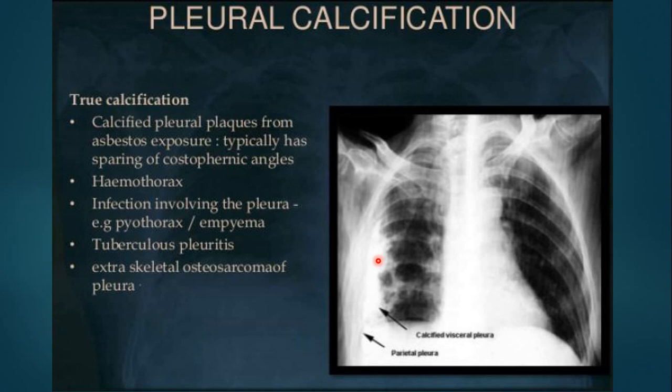Of course, tuberculosis is a common cause of calcification everywhere, and rarely it might happen with extraskeletal osteosarcoma of the pleura. This is a very rare presentation of pleural calcification, to be osteosarcoma of the pleura, but we might keep it in mind. For example, you can see this is the pleural plaque here, it's calcified.